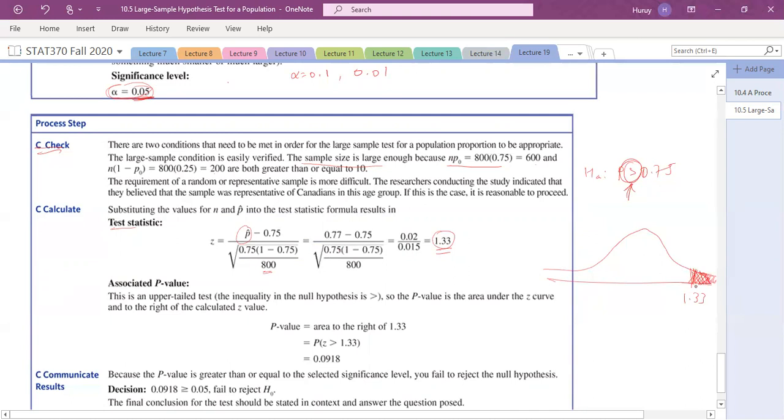This is our p-value. To find this, it is basically the probability of z greater than 1.33, and I can use technology to find this area.